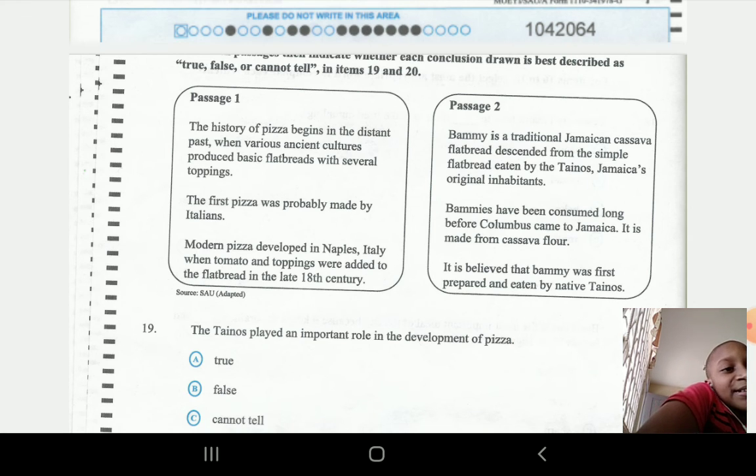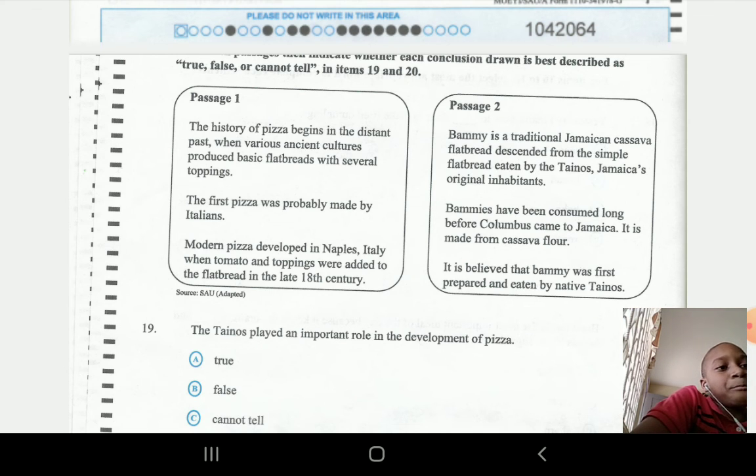So Bammys have been consumed long before Columbus. And I actually tried Bammy. It's horrible, I'll tell you that much. Bammys have been consumed long before Columbus came to Jamaica.